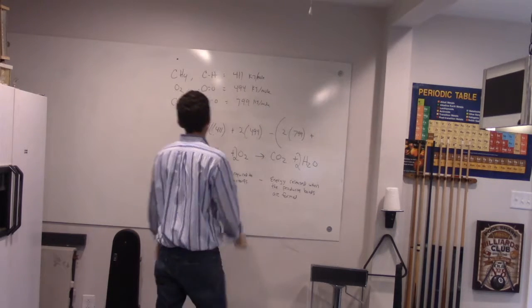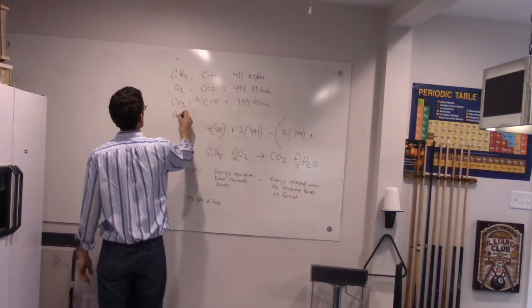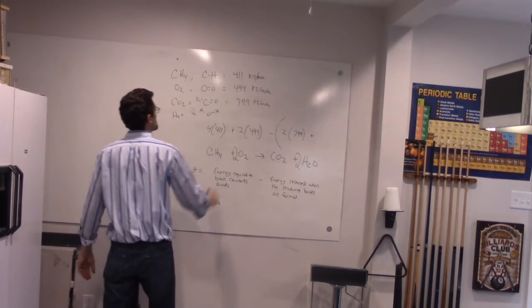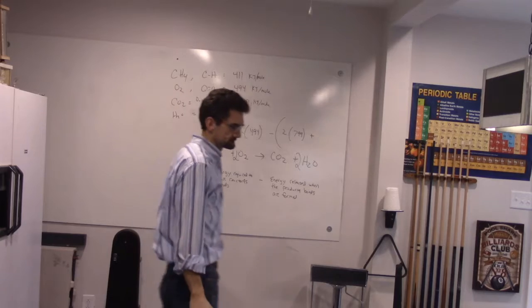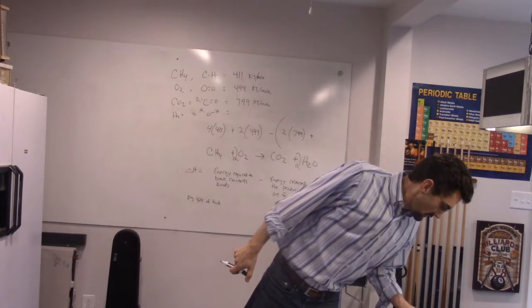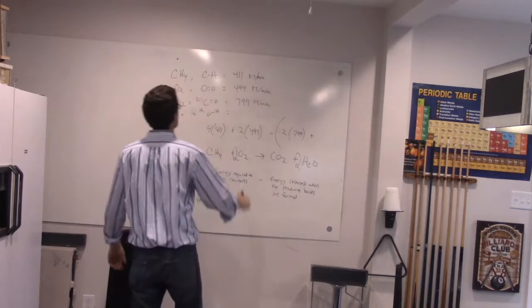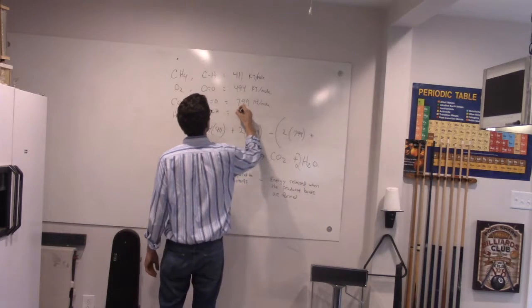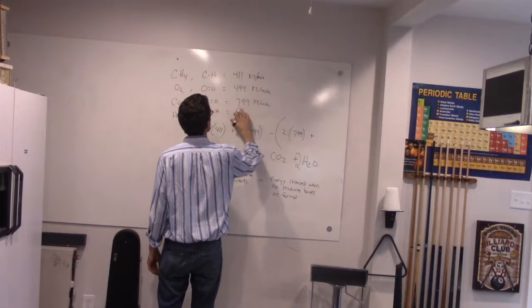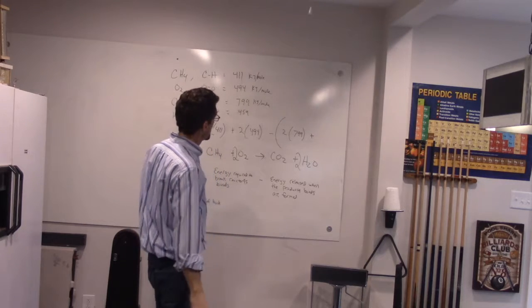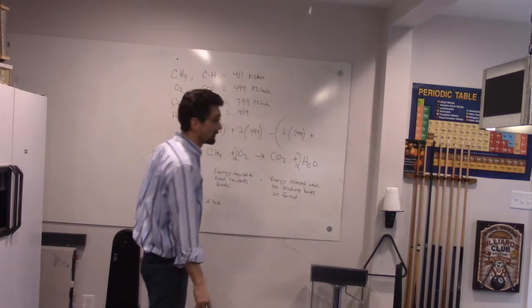H2O. What's H2O? OH is equal to 459. Do you have to ever memorize all this stuff? No. But we've got 2 of those, 2 moles of those, right?